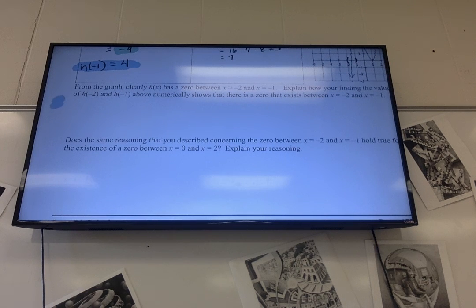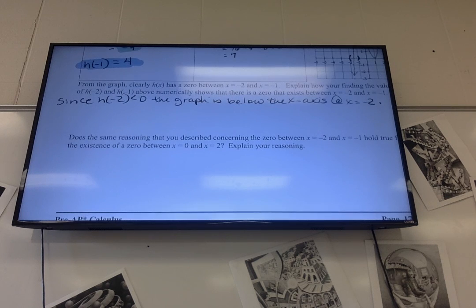So, since h of -2 is less than 0, the graph is below the x-axis at x equals -2, and since h of -1 is greater than 0, the graph is above the x-axis at x equals -1.